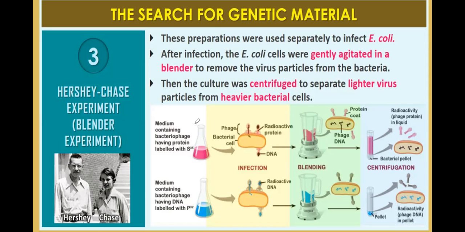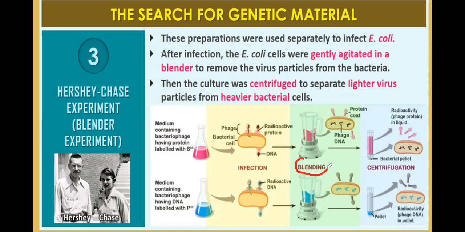So that is a label. You are from green house, or red house. Here, what is labeled? Protein is labeled. When this bacteriophage with labeled protein was infected with E. coli, here DNA is not labeled, but protein was labeled.